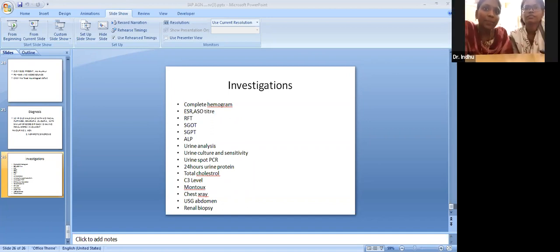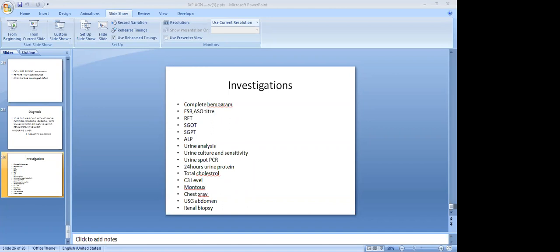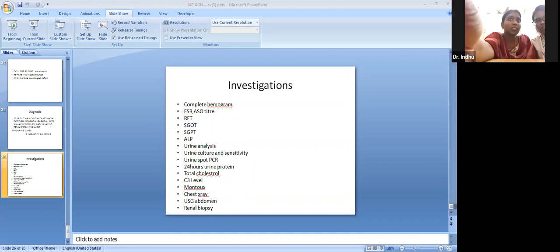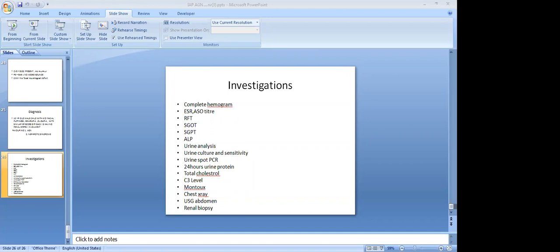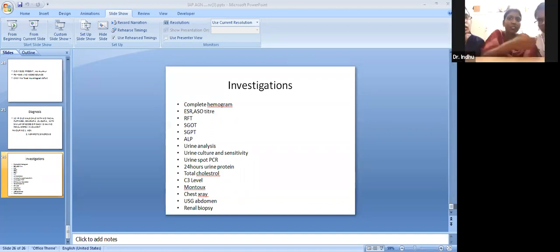Next. Urine protein. What type of urine protein analysis you will do? Dipstick method. Okay. Next.